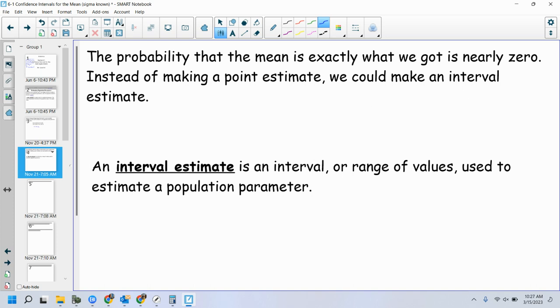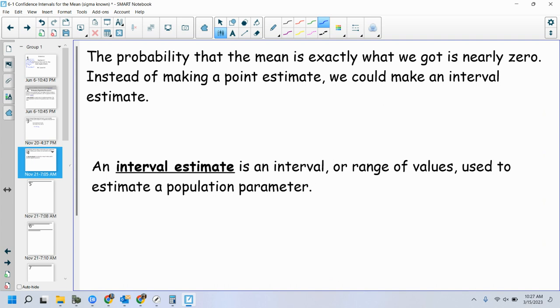Instead of making a point estimate, we could make an interval estimate. See, the difference between a point estimate and an interval estimate is saying, well, if I know the sample mean, I'm going to say my population mean has a range of values in between certain values.